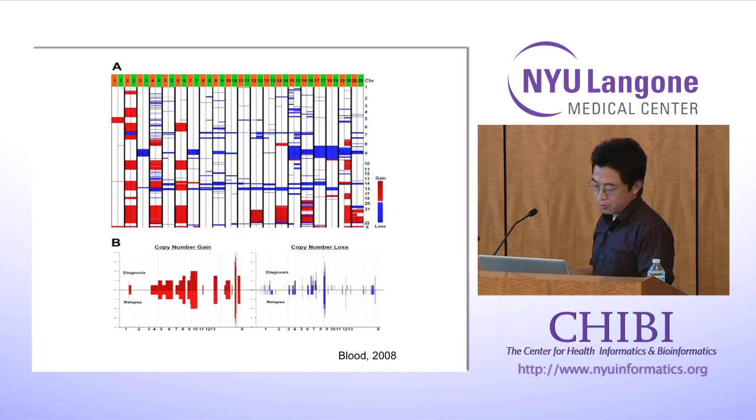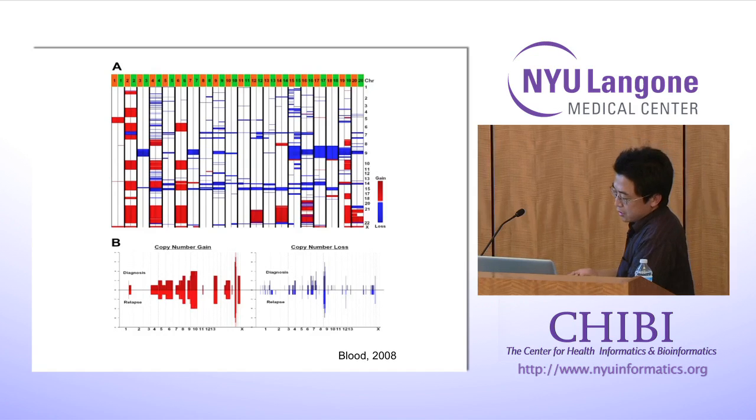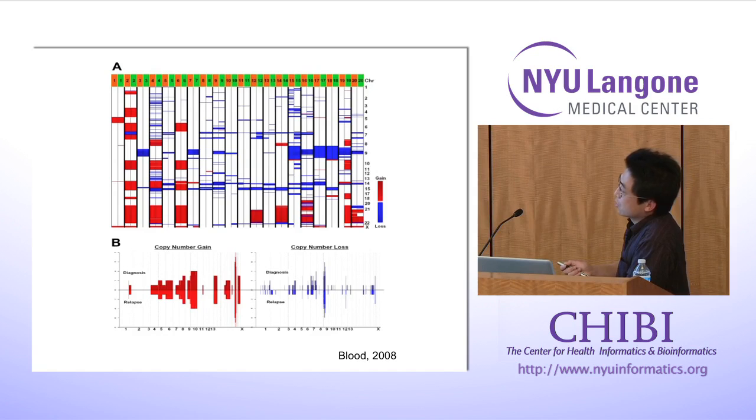This study is a similar kind of study, with a similar algorithm setup. This is actually work with Dr. Bill Carroll here at the Cancer Center. We looked at 20 pairs of patients. One sample is diagnosed with disease, and the other is after some treatment, when the patient gets profiled at relapse.